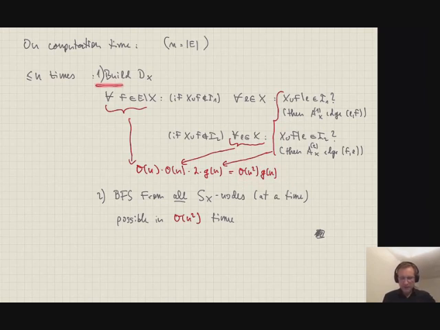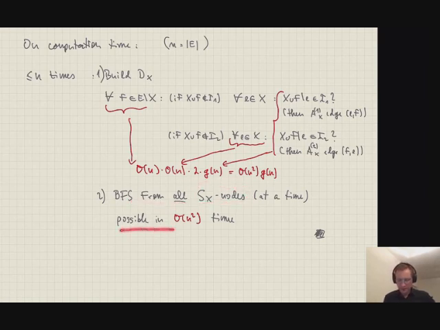And once I have built this augmentation digraph, I of course also have to find the shortest augmenting paths in this bipartite graph. Without going into too many details, that can be done by one run of the breadth first search algorithm from all these SX nodes simultaneously.